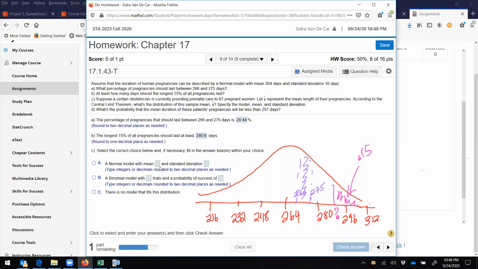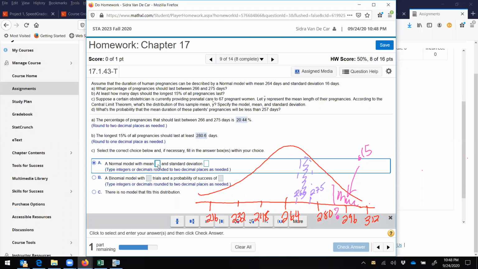A normal model with, select the correct choice below and if necessary, fill in the answer boxes. All right, so this is a normal model with a mean, oh, I see, C. Suppose a certain obstetrician is currently providing prenatal care to 67 pregnant women. Let Y bar represent the mean length of their pregnancies according to the central limit theorem.